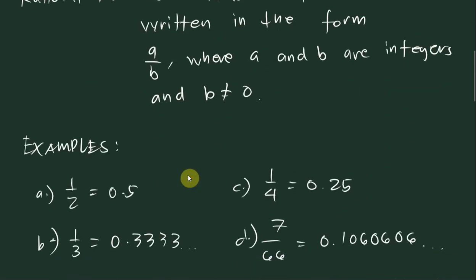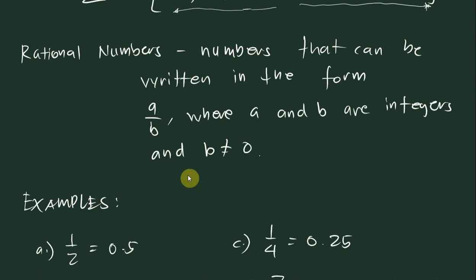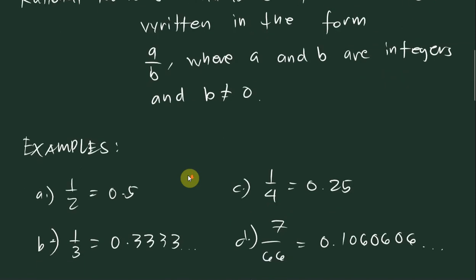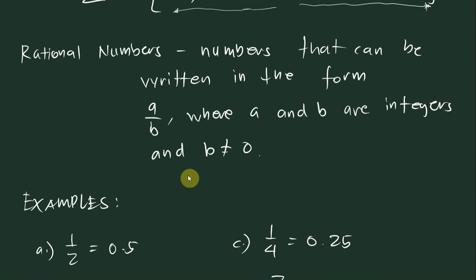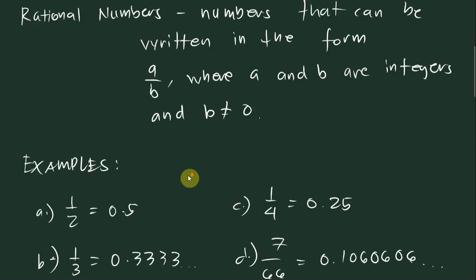So next we have the rational numbers. Rational numbers can be written in the form a over b, where a and b are integers and b is not equal to 0. Why should b not be equal to 0? Because if b is 0, then this will be undefined, right? Here in a over b, a is the numerator and b is the denominator.